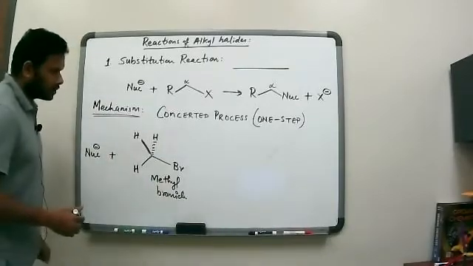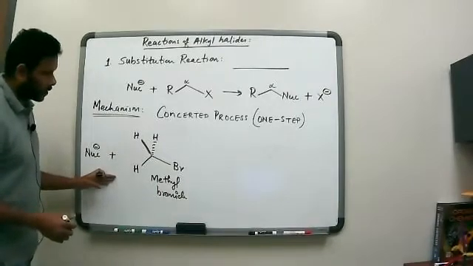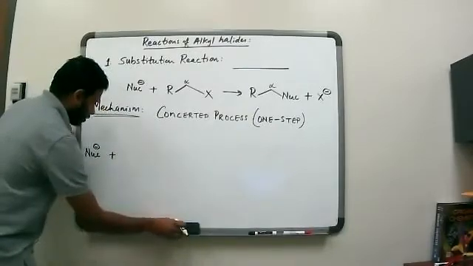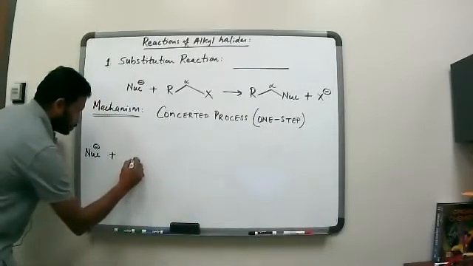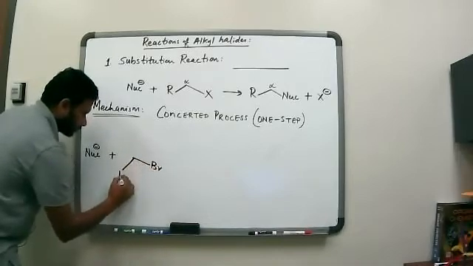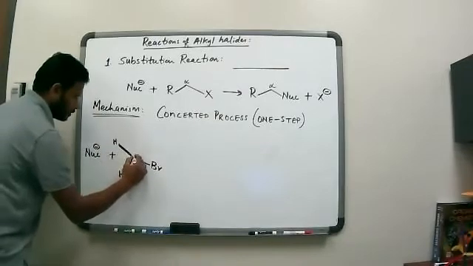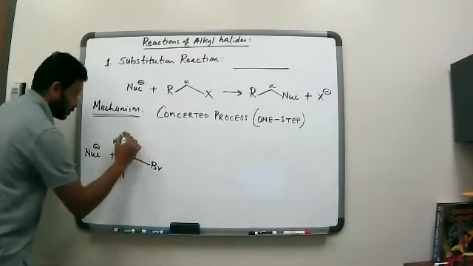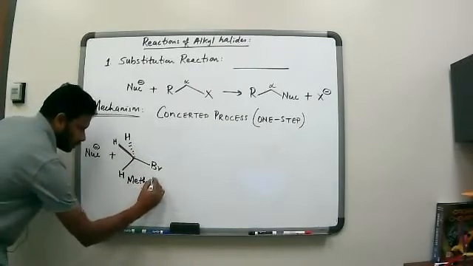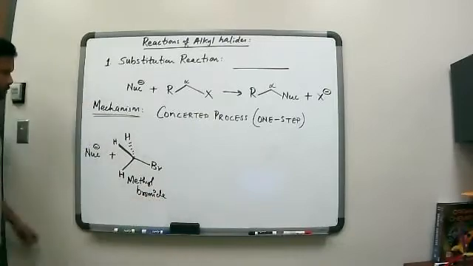So what they suggested is the mechanism is the reaction between the nucleophile. I think I'm running out of space here already. Let me draw it closer. Okay, that's our methyl bromide.